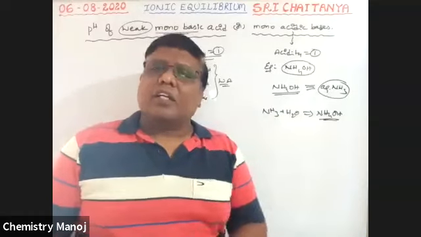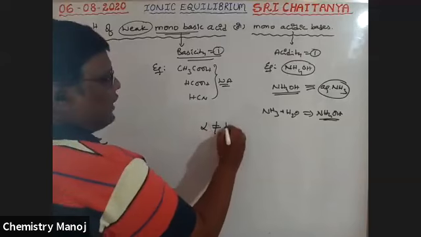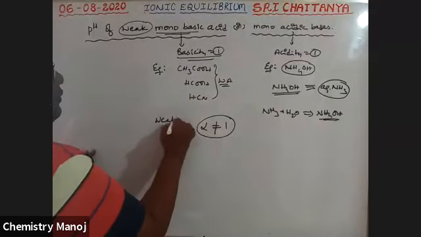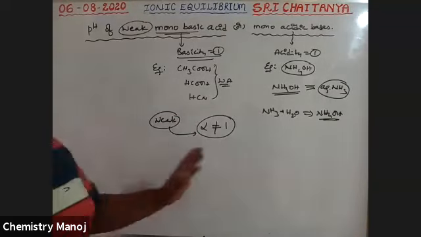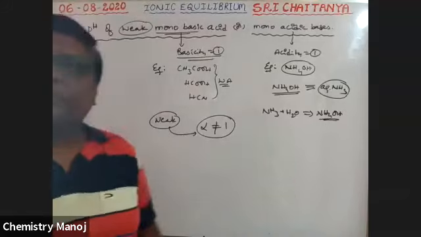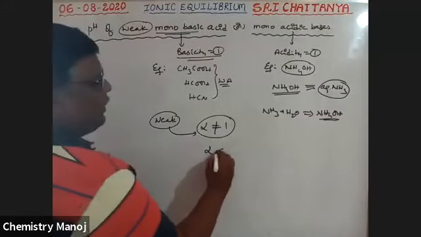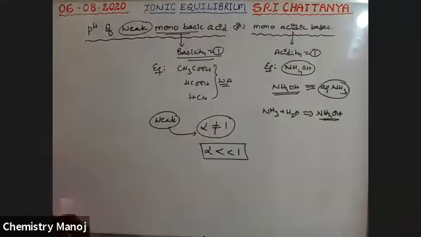That means for these chemicals, alpha is not equal to 1, so 100% ionization does not take place. Here alpha is much less than 1.